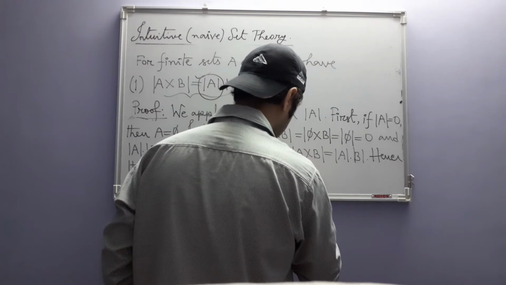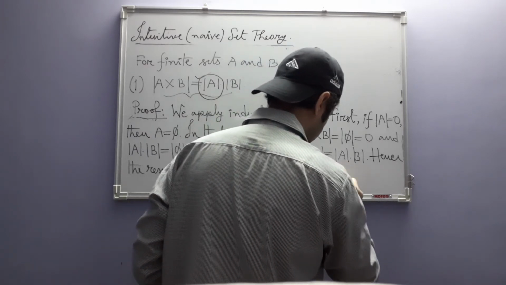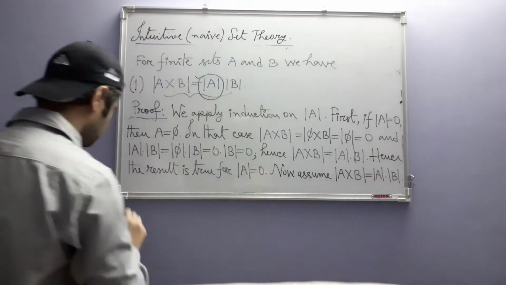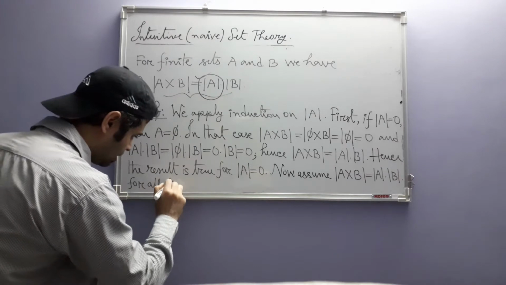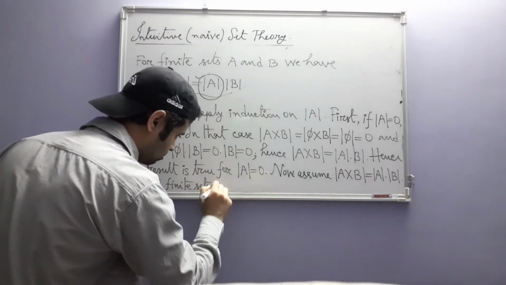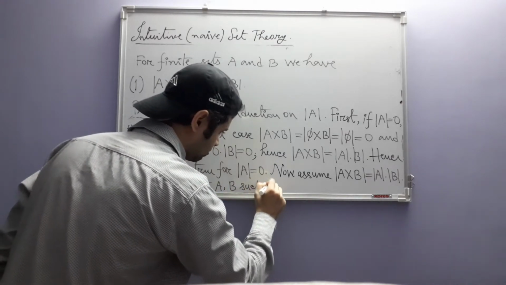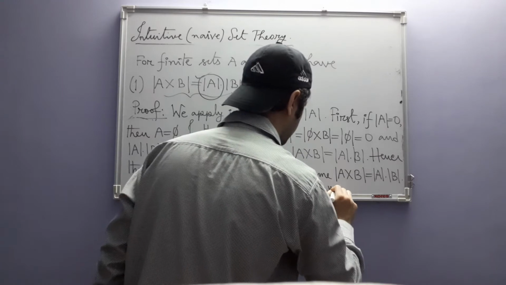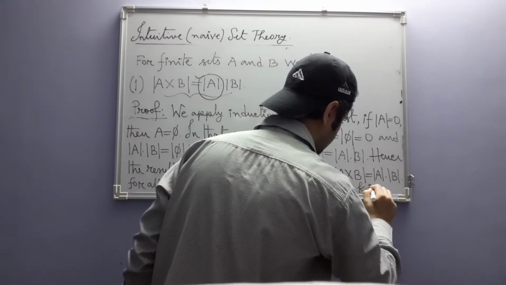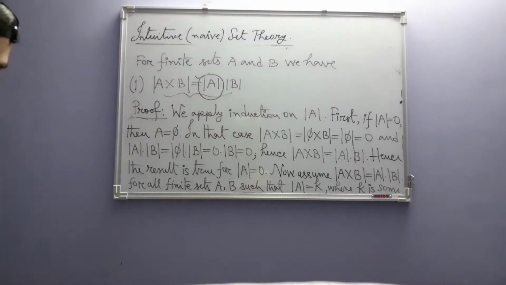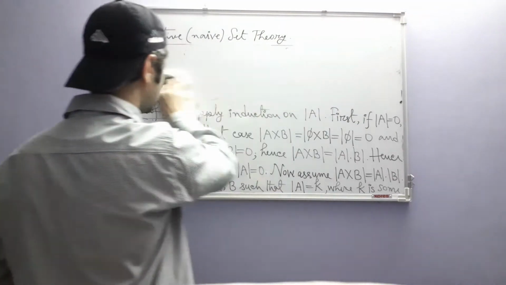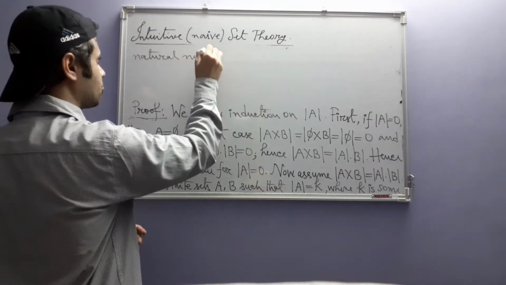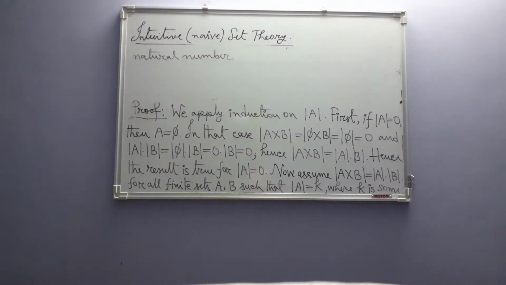Now, assume this is equal to this times this for all finite sets A, B such that cardinality of A is equal to k, where k is some natural number.